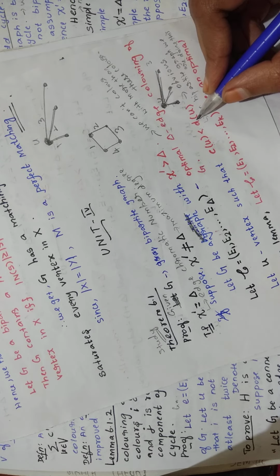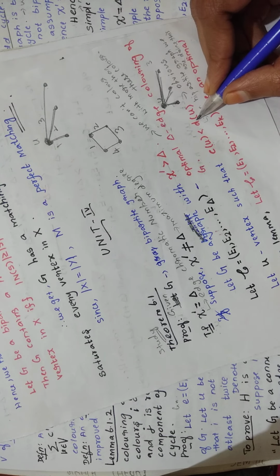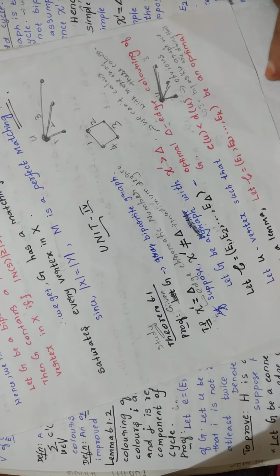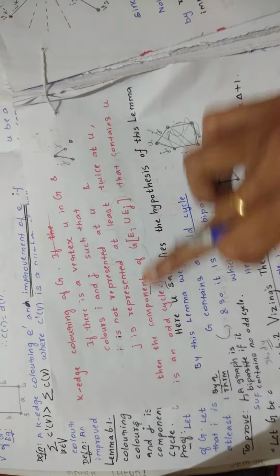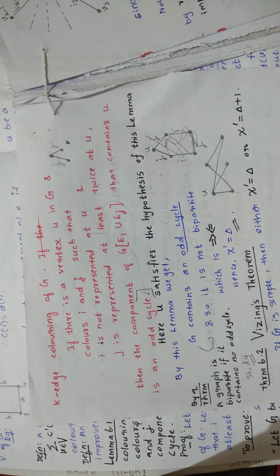So from this you will come to know that you are using the same color again and again. That is why you are using this lemma here. This lemma is for using the same color in one vertex.